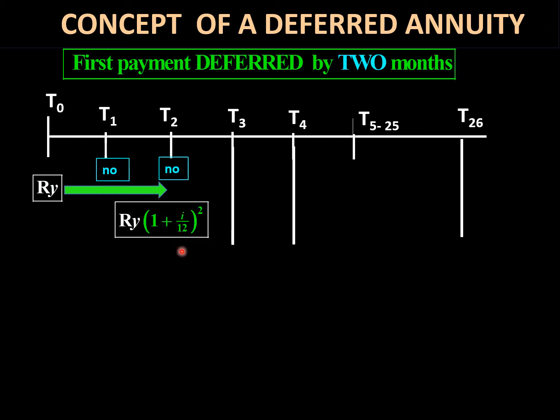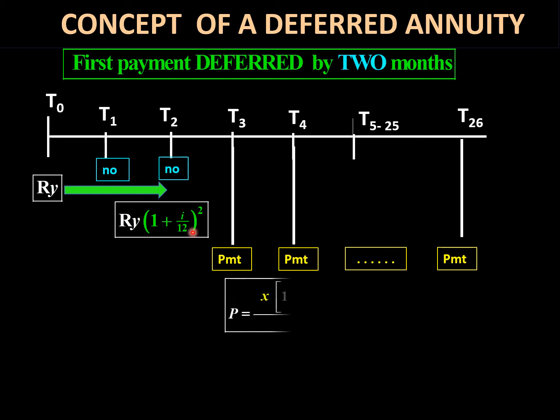And for how many months? There's 2 months that it's growing, because you normally would have 1 month at the end of the first month. So there's that little gap that we have there. So it is compounded for 2 payment periods. And then your payment starts at the end of the third month, the end of the fourth, and then etc., until you come to the 26 there.